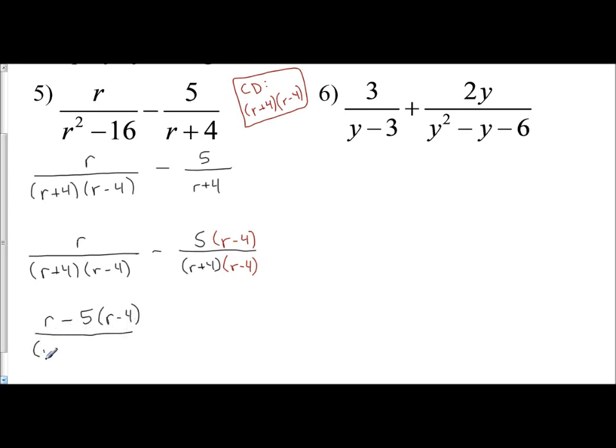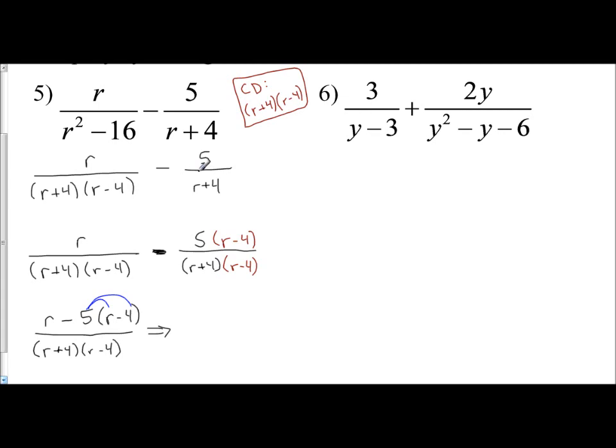In the bottom, I have r plus 4 and r minus 4. The reason why I rewrote it as one fraction now is because I need you to see that this minus sign affects the entire numerator.